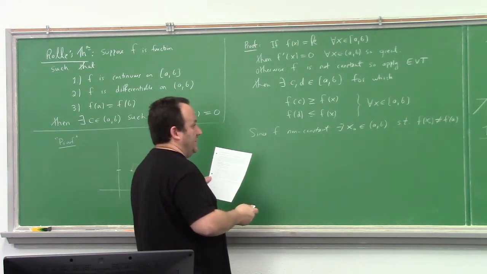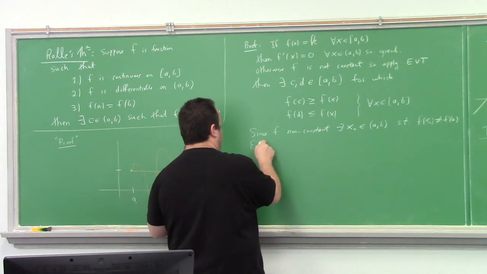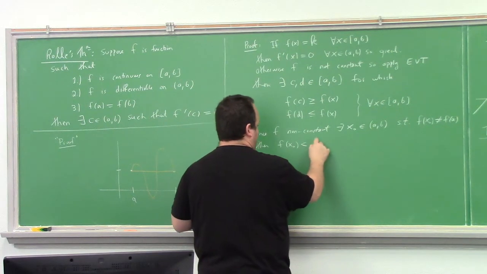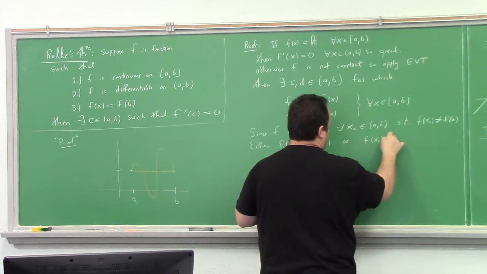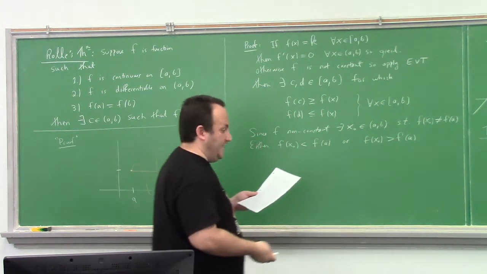So then you have two cases, right? Either f of x naught is less than f of A, or f of x naught is greater than f of A. All right? We can agree with that, I think.